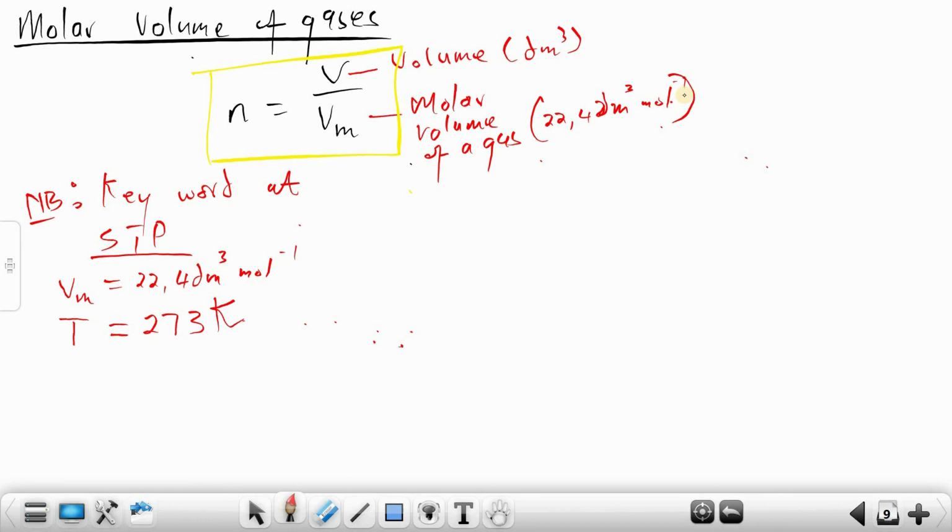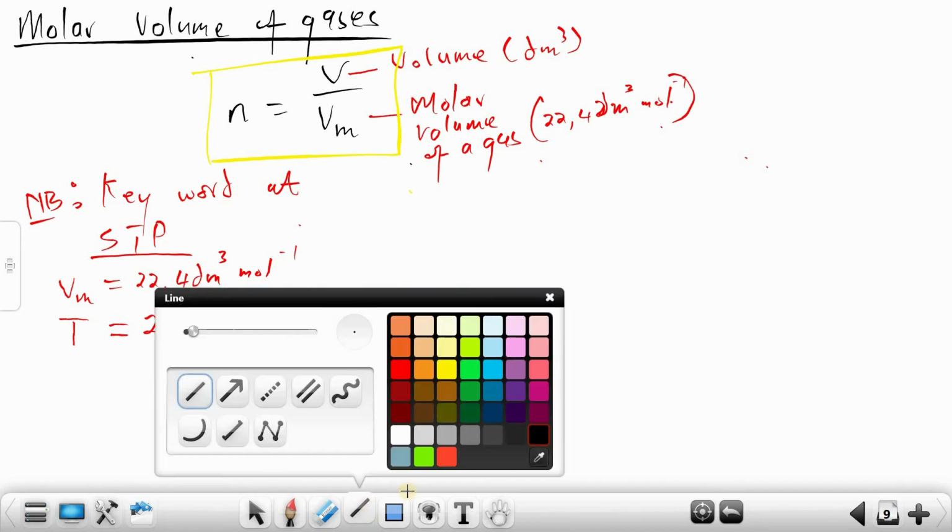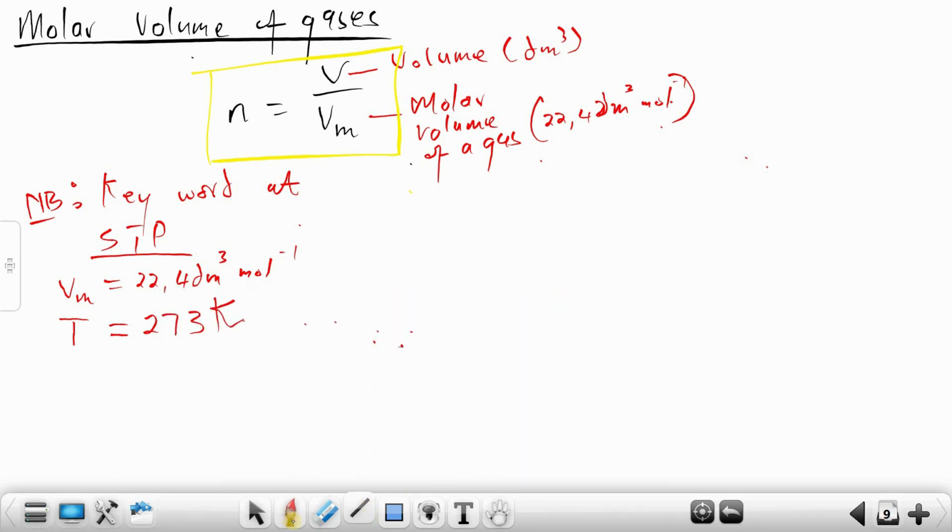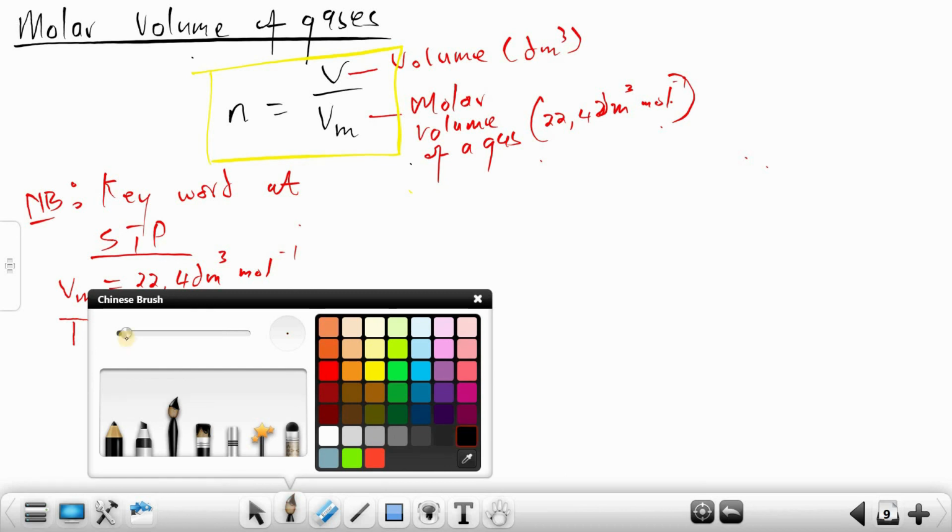So if this is how it looks, should I be in a position to use this equation to solve problems? Yes, I should. Let me have number 1A as an example.